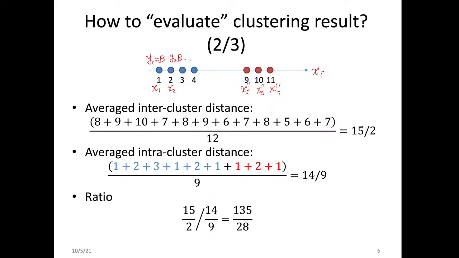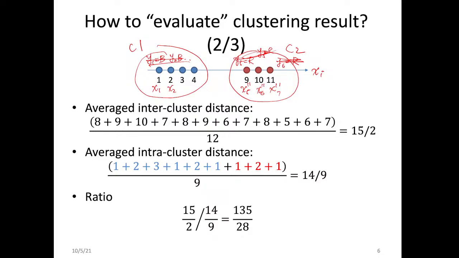And y5 is red, y6 is red. Here perhaps I should not use y because it's a clustering algorithm. Perhaps I should say that based on a certain clustering algorithm, all these 4 data points belong to cluster number 1, and all the 3 data points belong to cluster number 2. I use the blue and red to denote that they belong to different clusters.